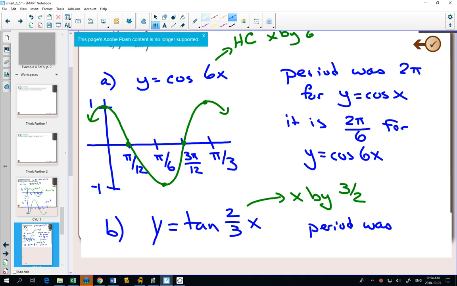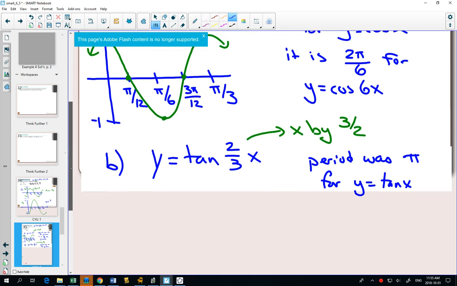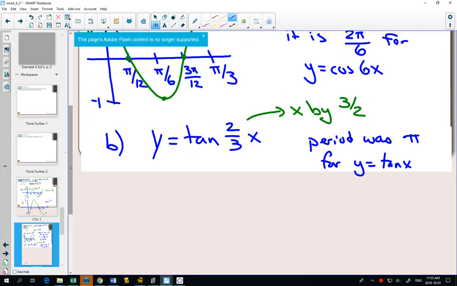If you look back at your tan graph that you drew the page before, the tan graph repeats itself over pi instead of 2 pi. So the period was pi for y equals tan of x. And if we multiply our x values by 3/2, it'll be 3 pi over 2 for tan of 2/3 x.